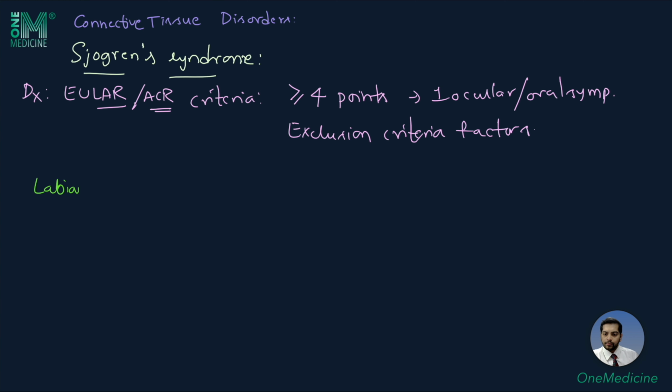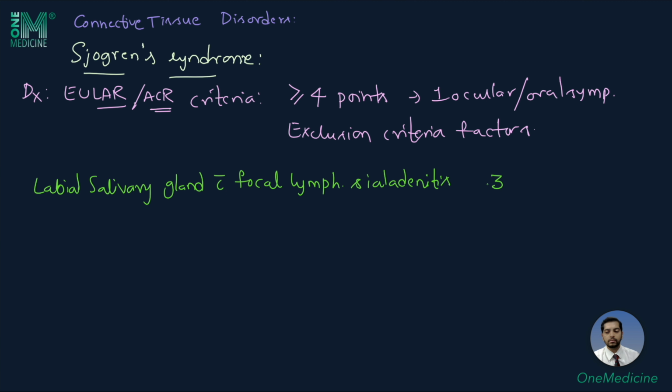Labial salivary gland with focal lymphocytic sialadenitis carries a score of 3. Anti-SSA antibody carries a score of 3. Ocular staining score of more than 1 carries a score of 1.